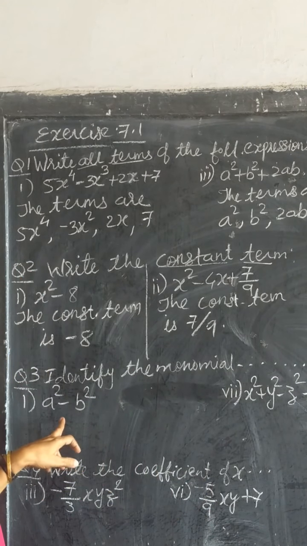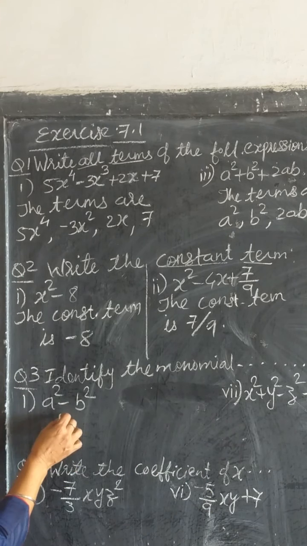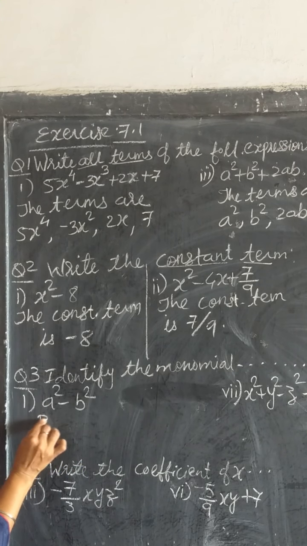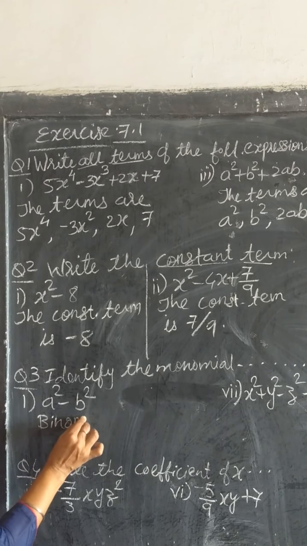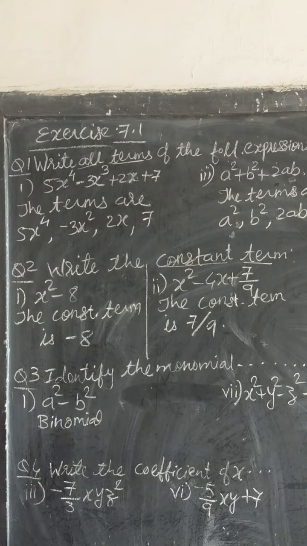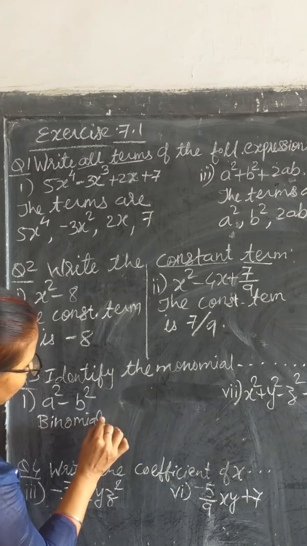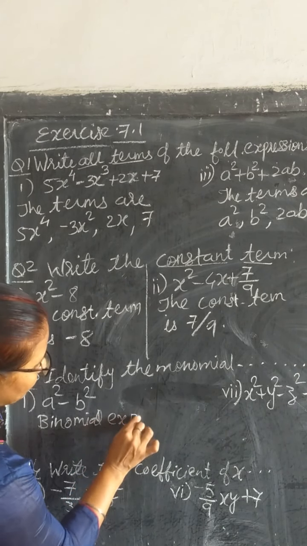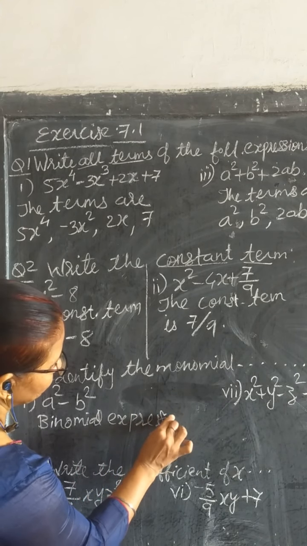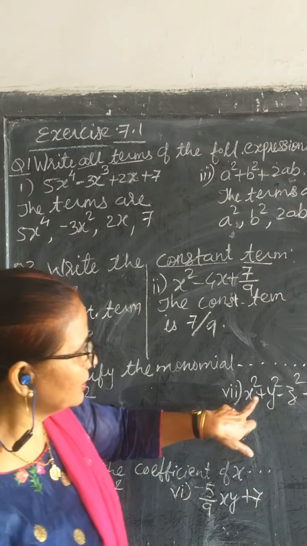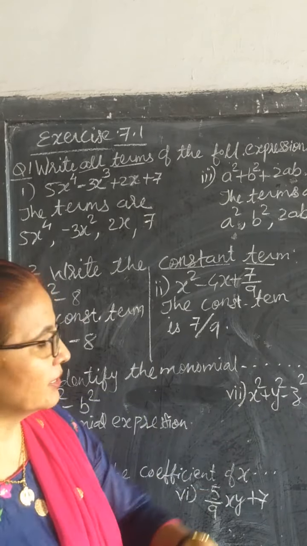Now you can see here how many terms are there? 1, 2. So what will you write? The given expression is of which type? Binomial. It is a binomial expression. This way you can write. Here, 1, 2, 3, 4. How many terms are there? 4.